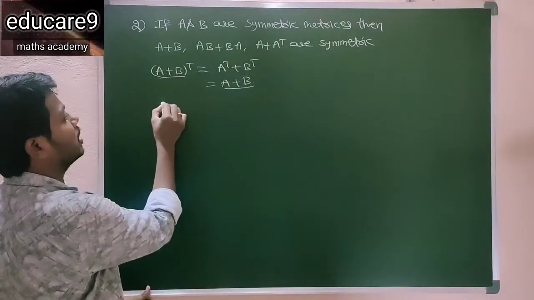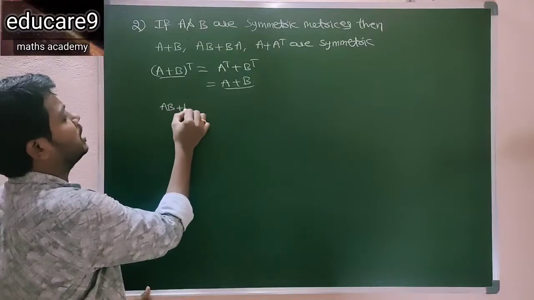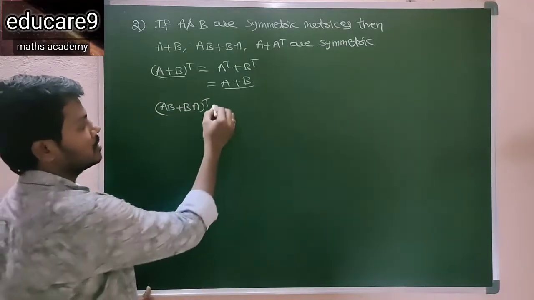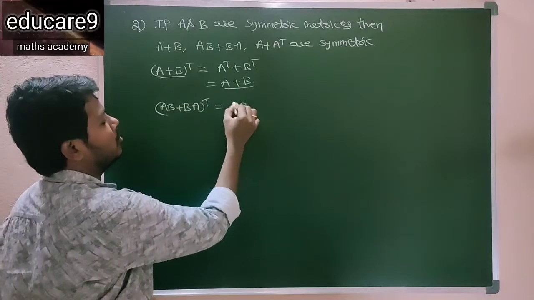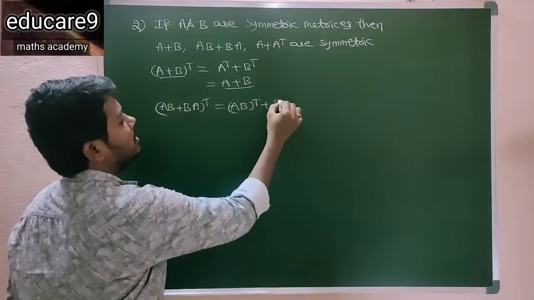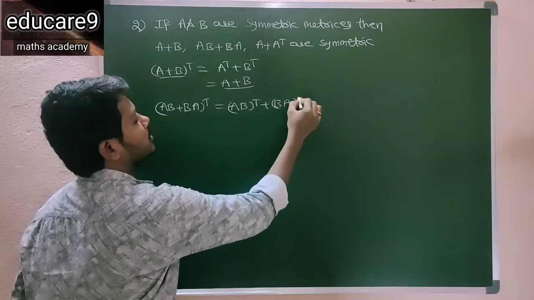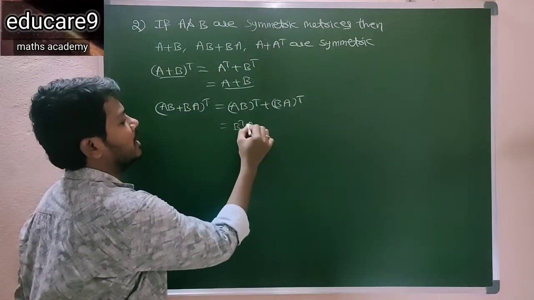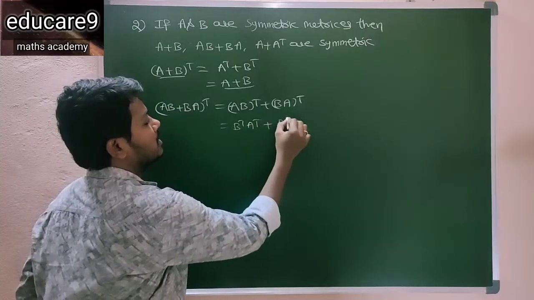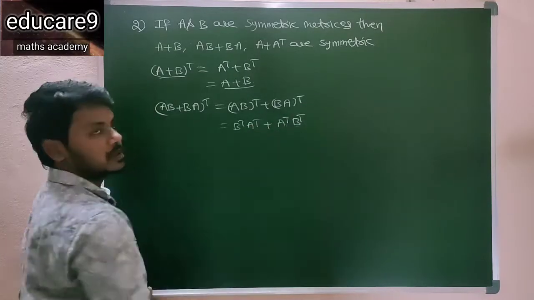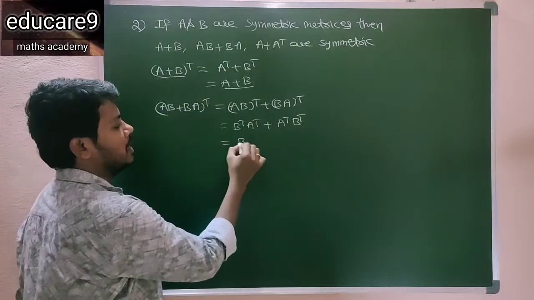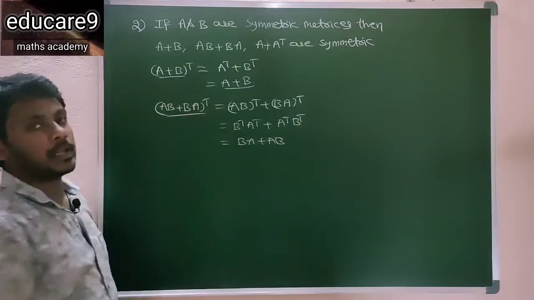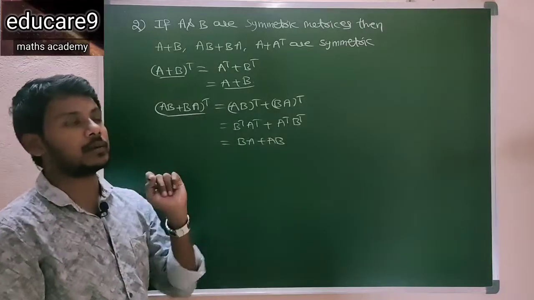Next one, AB plus BA whole transpose. This is AB whole transpose plus BA whole transpose. Now this is B transpose A transpose plus A transpose B transpose. So here BA plus AB. So clearly AB plus BA is also symmetric.